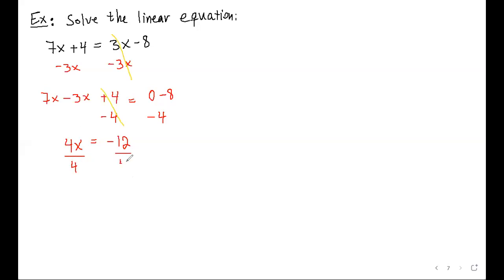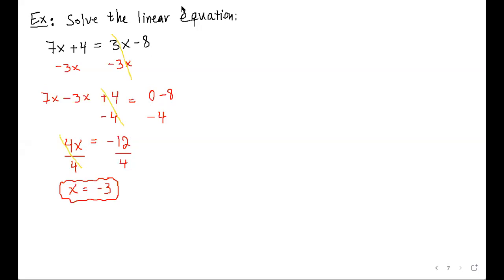What's the final answer? -3. Because 4 divided by 4 cancels again, and the remaining is x equal -12 over 4. This is equal to -3.